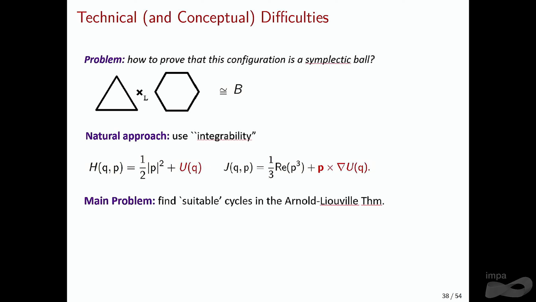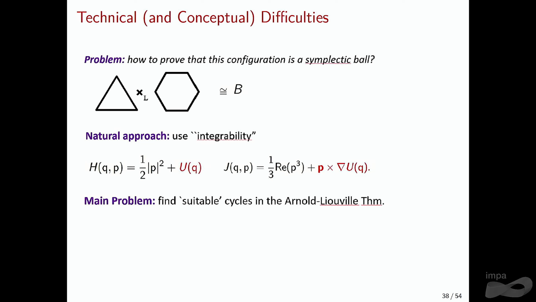But the problem is that you try to come up with two commuting Hamiltonian functions, but this is not enough. What you want to do is essentially find global action-angle coordinates to have a nice symplectic image of this configuration.